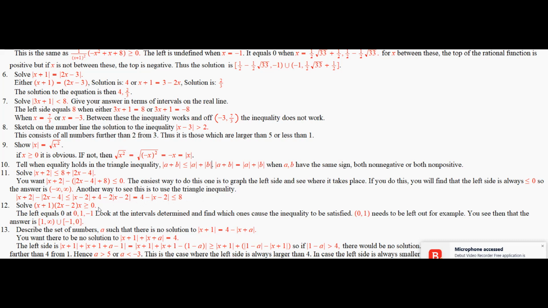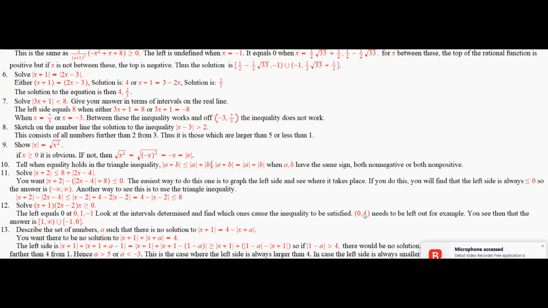What about this little inequality here? Well, the left side is equal to 0 at the points 0, 1, and -1. So I look at the intervals that are determined. Well, if I take the interval from 0 to 1, it doesn't work.